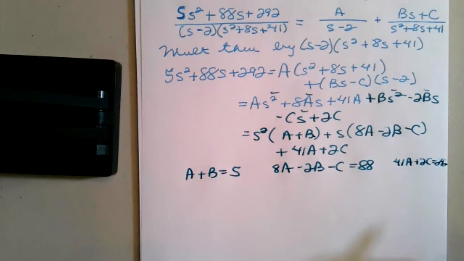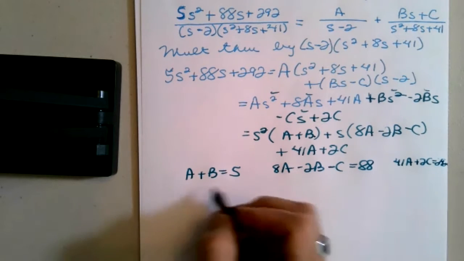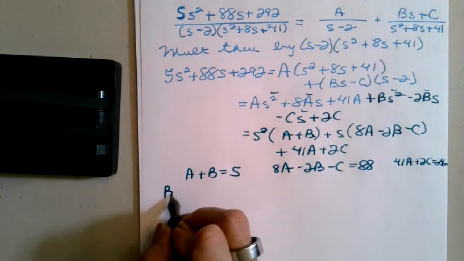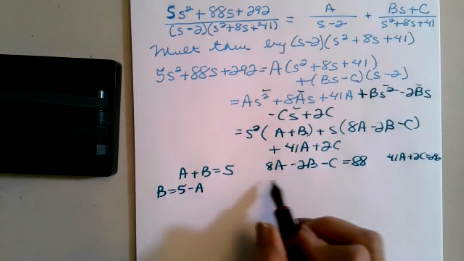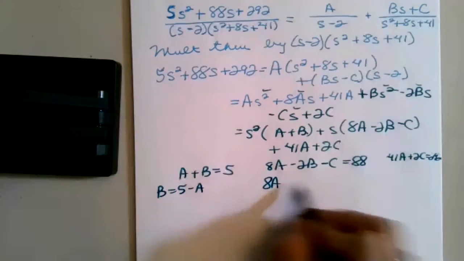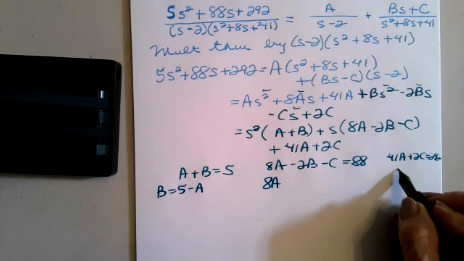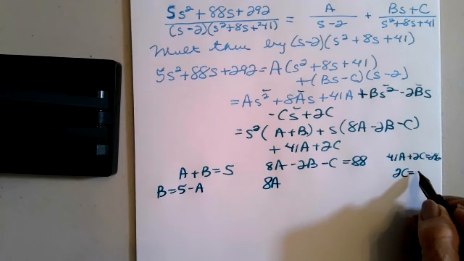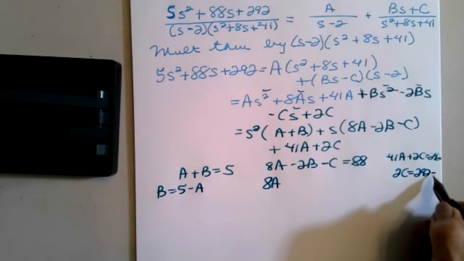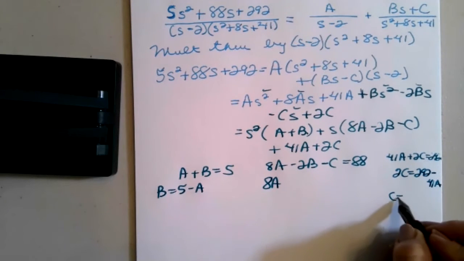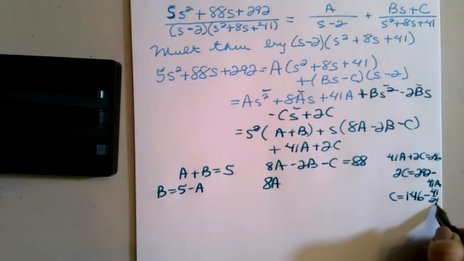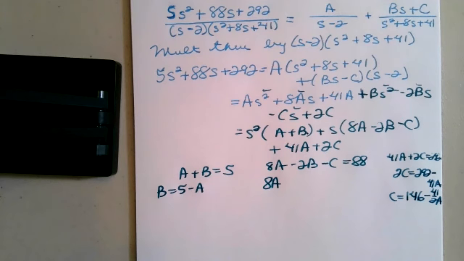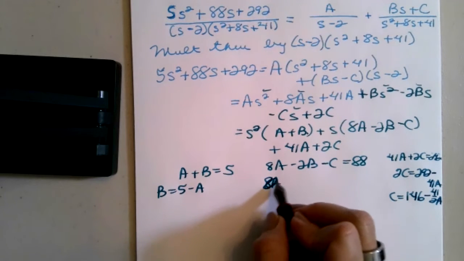Yuck. Maybe let me do it this way. I'm going to say B is A minus 5, no, B is 5 minus A. And 2C is 292 minus 41A, so C is 146 minus 41 over 2 A. Now I'm going to plug both of those into this equation.